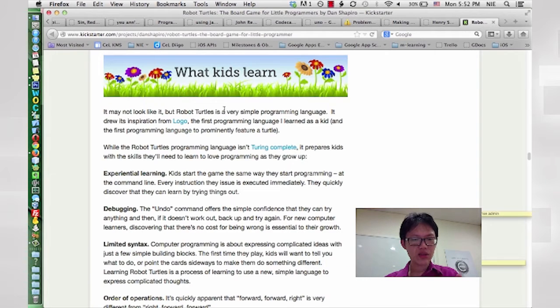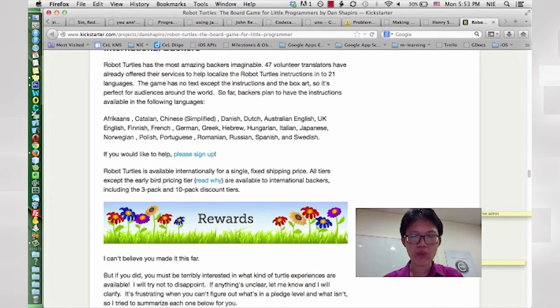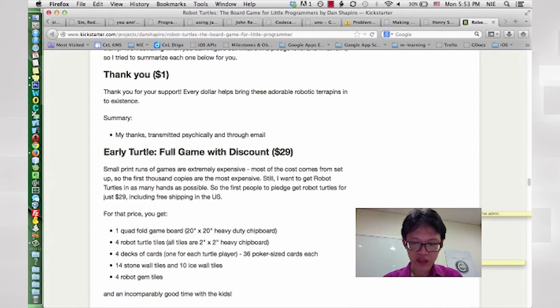How the game goes so far is that the kids play one at a time, and they have to strategize and think how they're going to get their turtle to find a jewel in as few steps as possible. So it comes very naturally. This is part of the gamification of programming languages. For those of you who are educators, gamification is a very interesting strategy, how you can use games to teach various concepts.